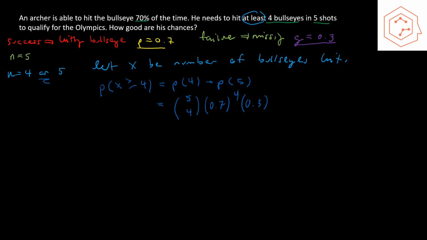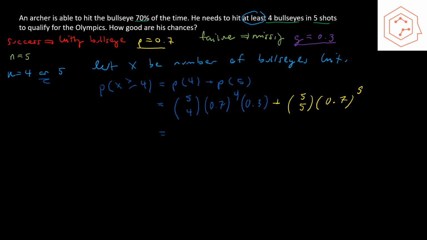Then we add the probability of getting 5 bullseyes. So we have 5 spots, all 5 of them need to be bullseyes or successes, and that means we only have successes, so 0.7 to the power of 5, and 0.3, we have no failures, and you can see that 5 minus 5 is 0, so this simply reduces to 1, so we have no failures.